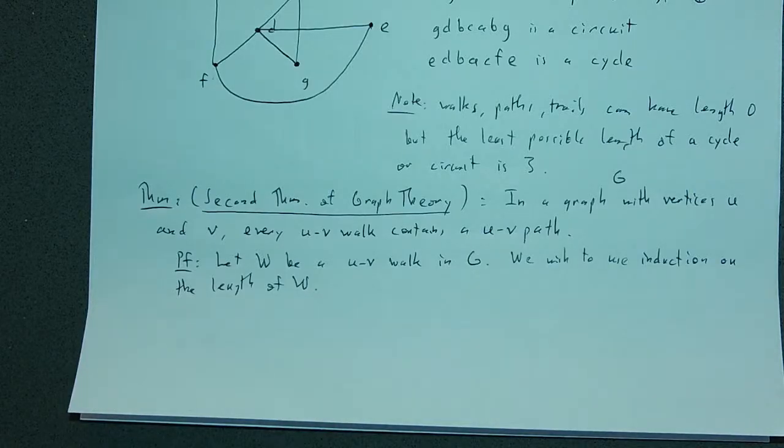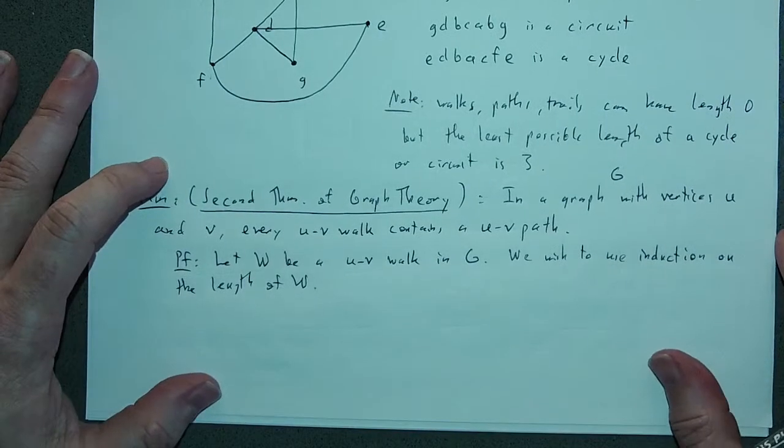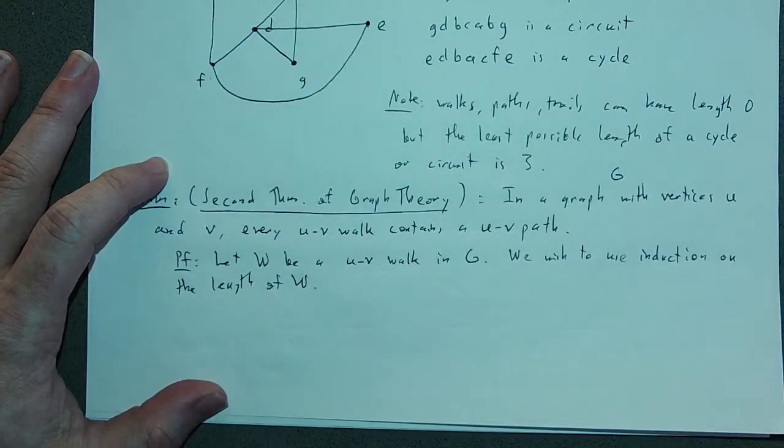You could be woken up in the middle of the night and asked to prove something by induction. If it's one of the standard ones, like proving some closed form formula for a sum or product, you could likely do that half asleep. Here, maybe the main thing is just seeing that what we're inducting on is the length of the walk.